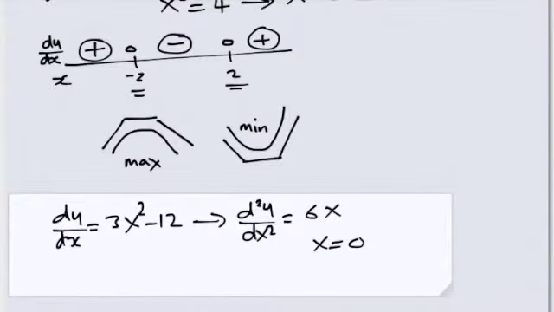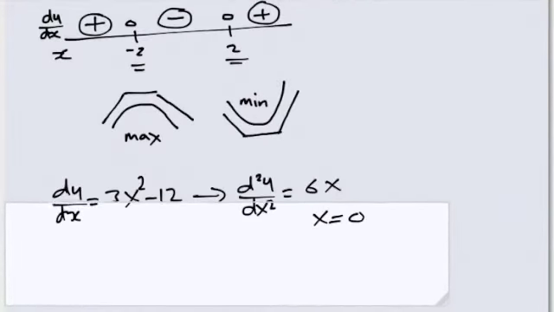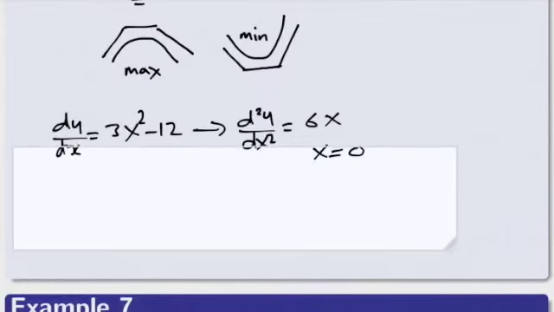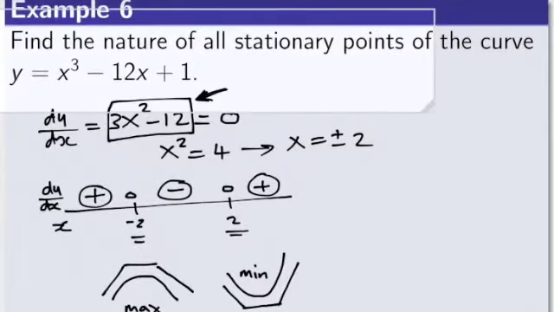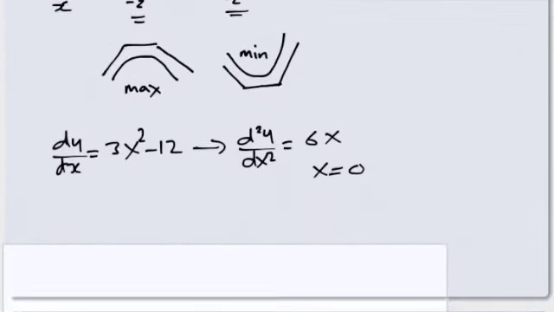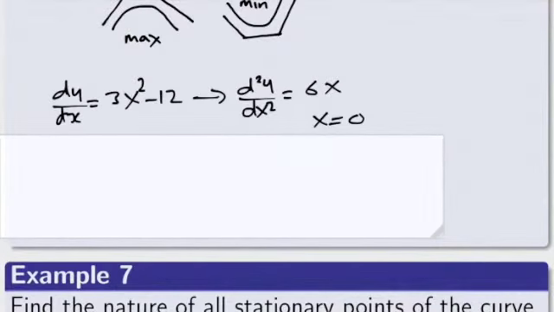So there is a stationary point at x equal to 0. In fact, it is a point of inflection. So there is a point of inflection at x equal to 0. Now when x equal to 0, the value of y is 1. So (0, 1) is a point of inflection.